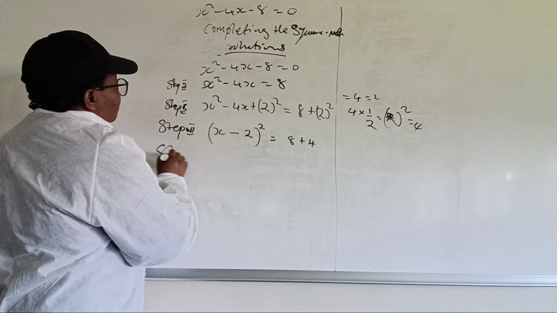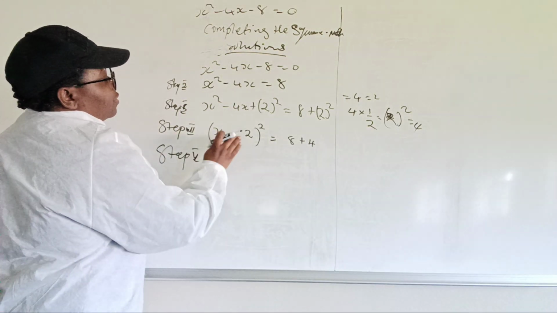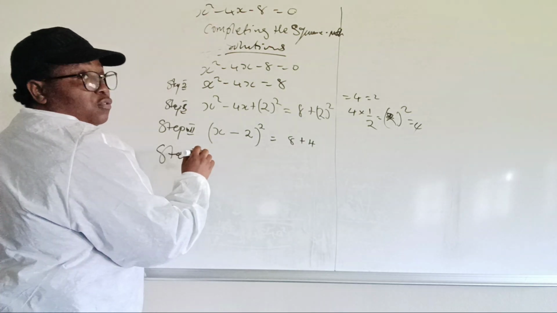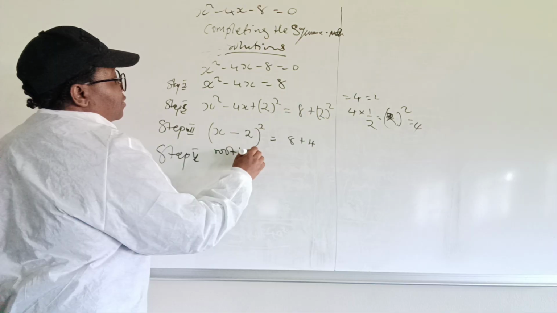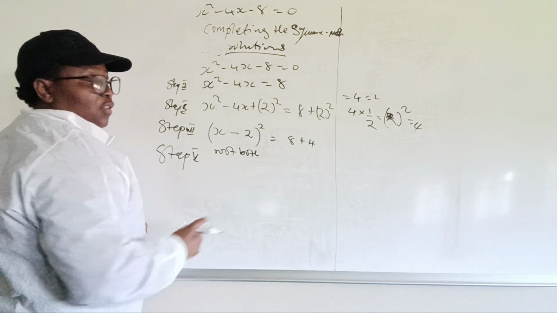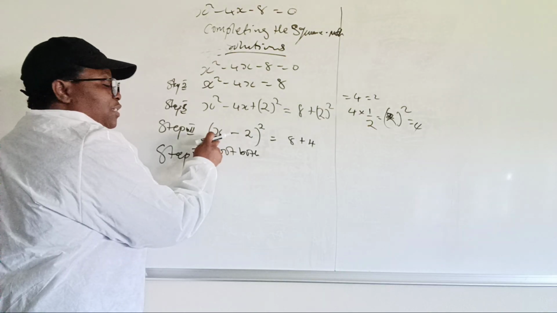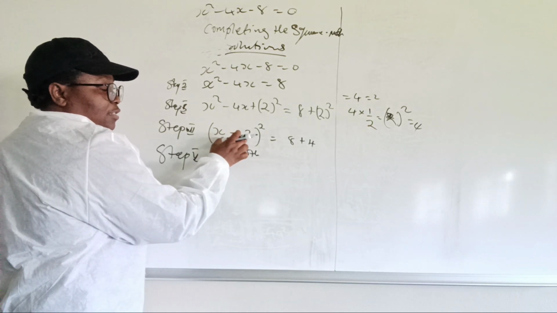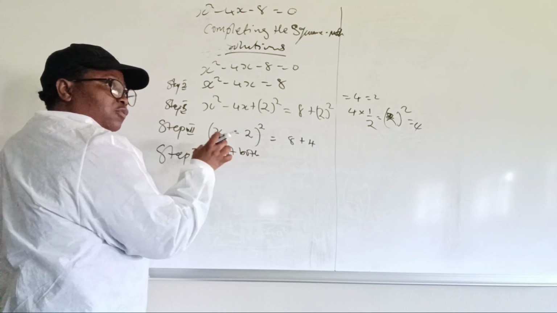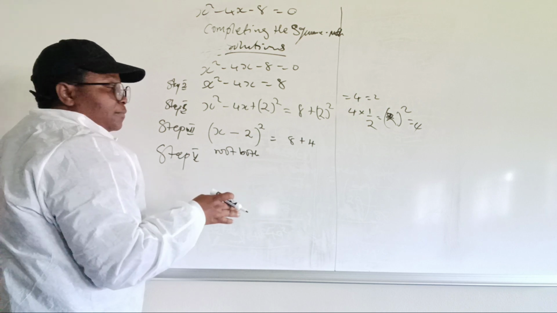Step 5 says we should root both sides in order to remove this square, because we need to solve for x. We need to bring x out from inside this bracket so that we can solve for x.